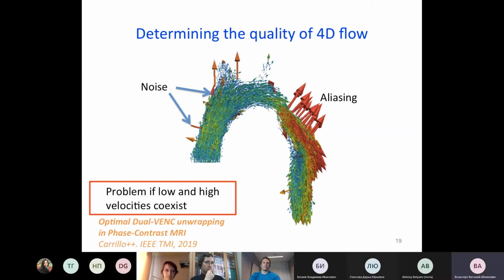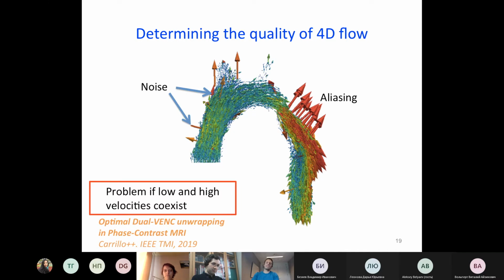Sorry for my ignorance, but what is aliasing? So physically, you see a part here that doesn't have aliasing, where the flow goes in the direction I'm pointing at with the mouse. But at some point in the highest velocity regions, the highest velocity component swaps. It becomes negative if it's supposed to be positive, or the reverse. That is related to how the measurements are obtained with MRI.